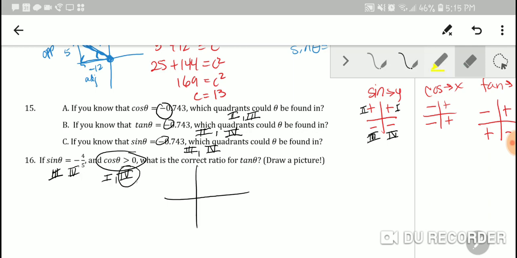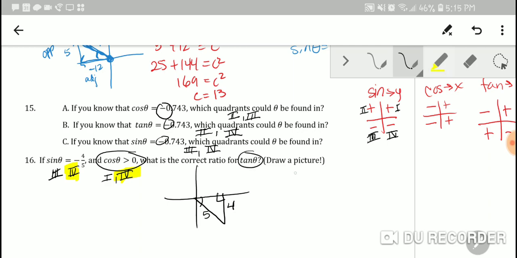So our ratio is -4/5. So that means when we draw our triangle from our angle, our opposite side for sine, remember sine is opposite over hypotenuse, is going to be 4 over the hypotenuse of 5.